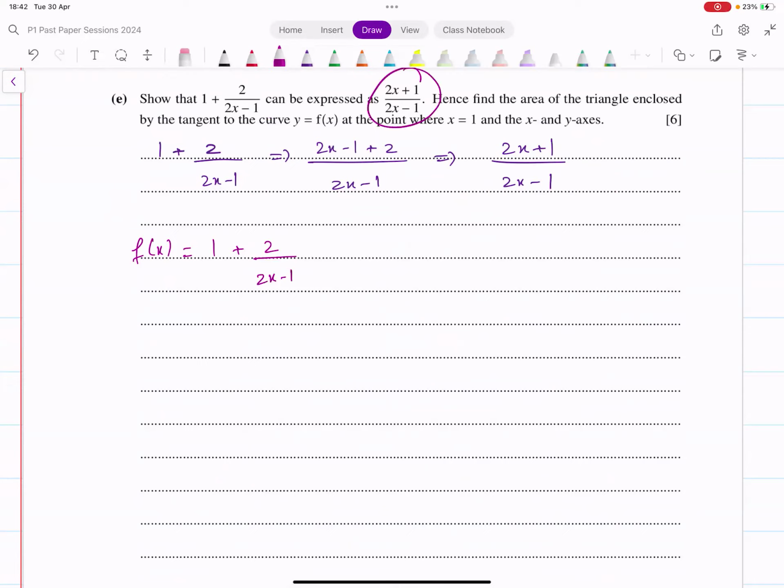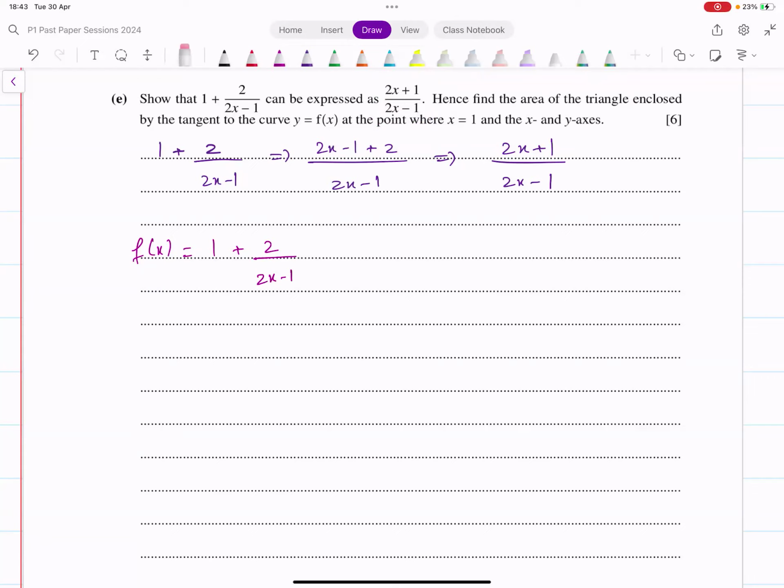Because this you do not know how to differentiate in paper 1. Those of you who have done paper 3, you could use the quotient rule here or the product rule by bringing the denominator to the numerator. But if you're at AS right now, you don't know how to differentiate functions like these, right? For that reason, they have told you that this can also be written like this.